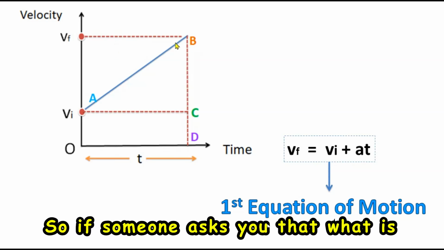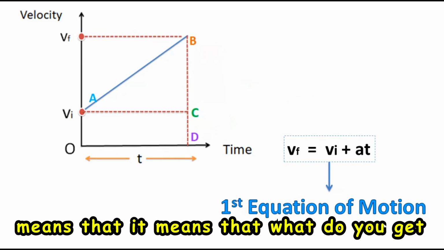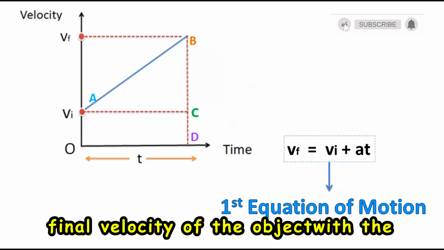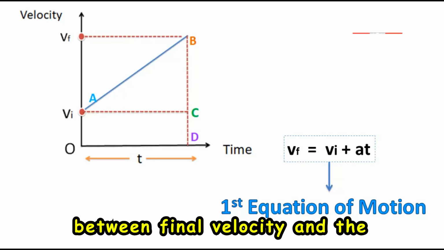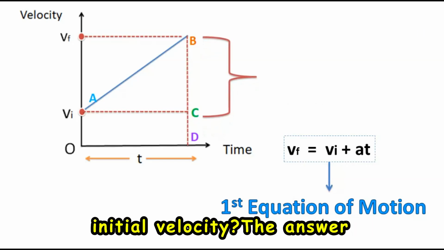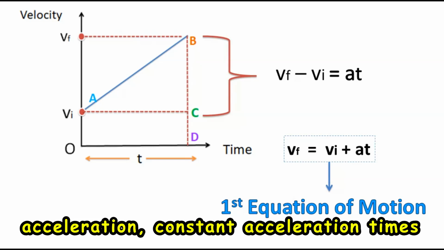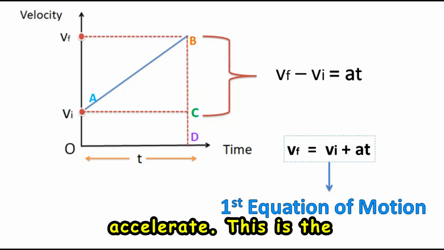So if someone asks you what is the value of Vf minus Vi, it means what do you get if you subtract the initial velocity of the object from the final velocity? What's the difference between final velocity and initial velocity? The answer is always equal to at, which is constant acceleration times the time taken for the body to accelerate.